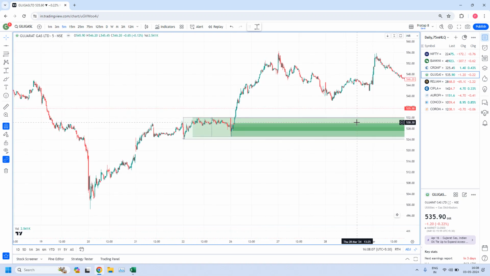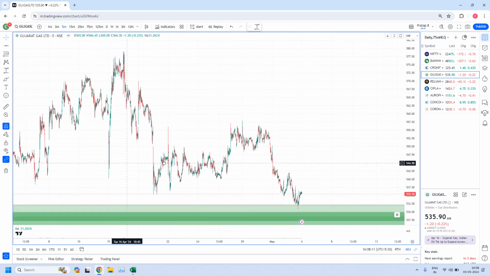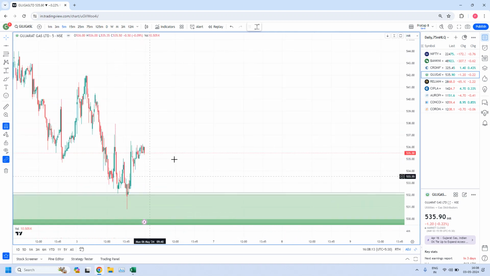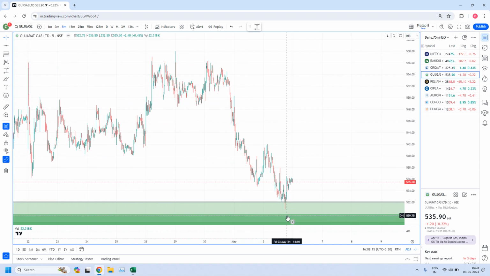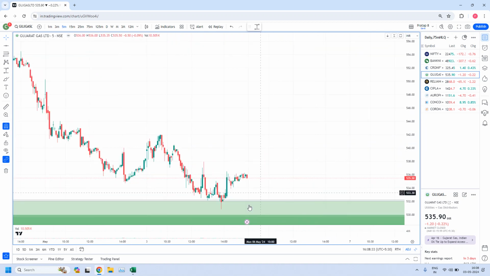But today prices came close to the 5 minutes area, but they didn't enter into it. You may ask, if you add the entry buffer, would we have got a trade? No, even after adding the entry buffer, you are short by around 20 or 30 paisa, so we don't get the trade. Otherwise, this stock also would have given profit today.